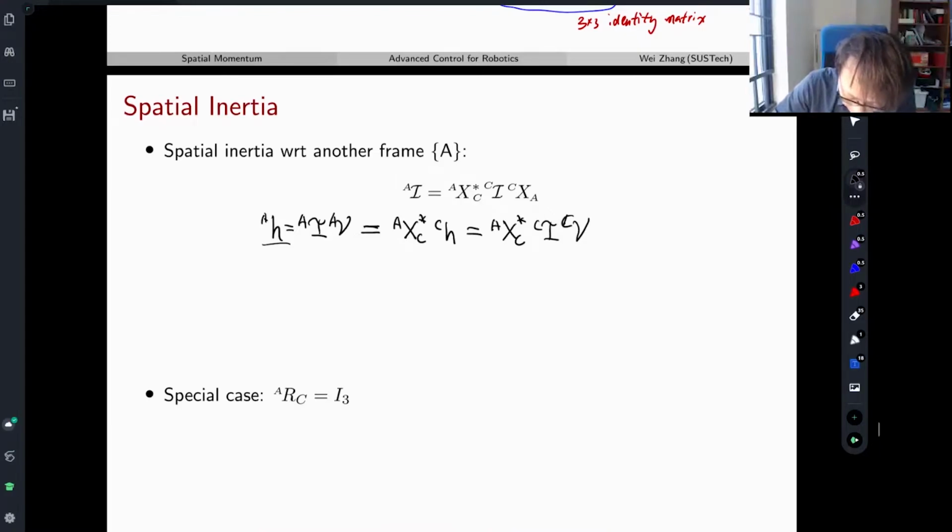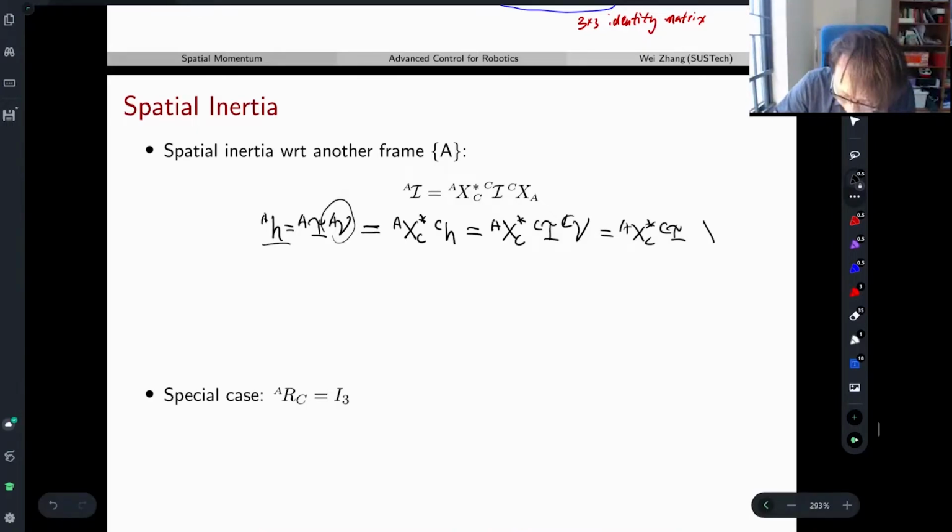And then I also want to change back, let's say, C to A star, IC times, if I want to factor this out, I'll have a change of coordinate for the twist, which is A to C, times V of A, right?